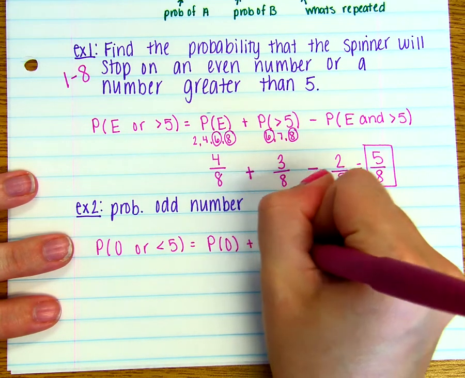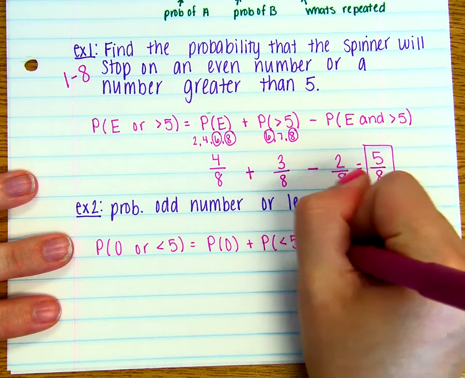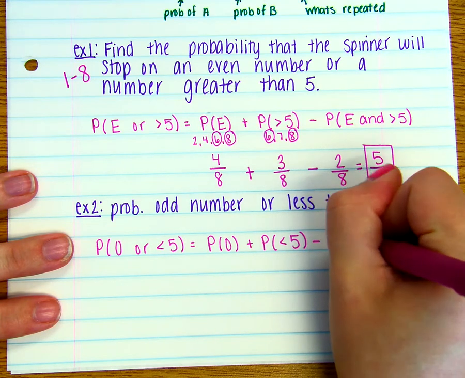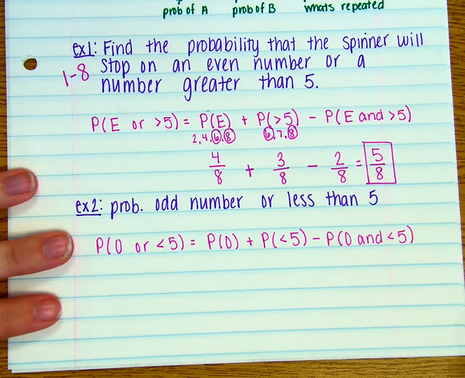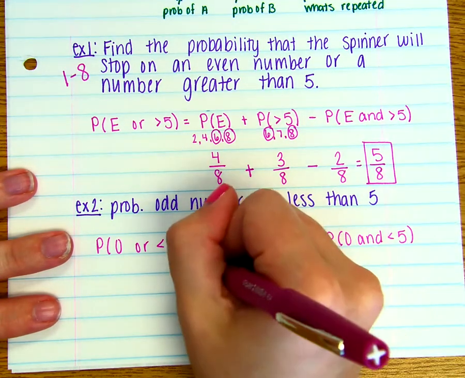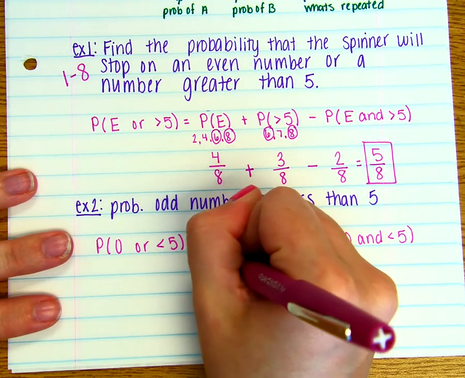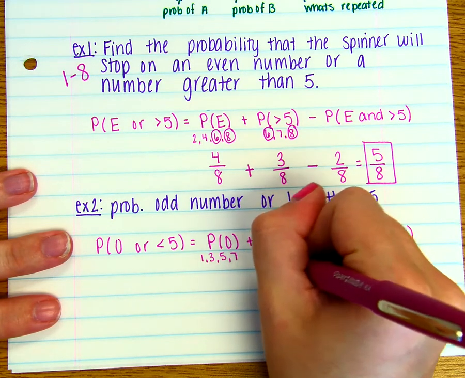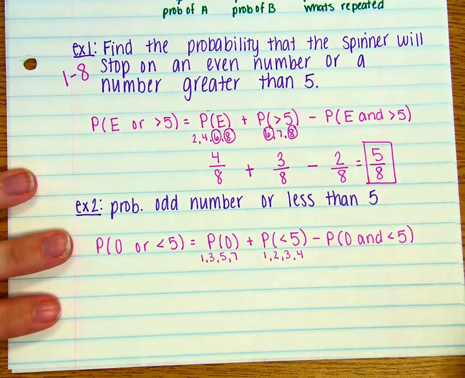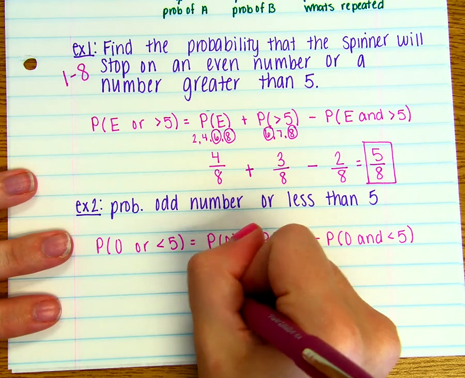So we want the probability of odd plus the probability of less than 5 minus the probability of odd and less than 5. So our odd numbers on the spinner would be 1, 3, 5, and 7. The numbers less than 5: 1, 2, 3, and 4.